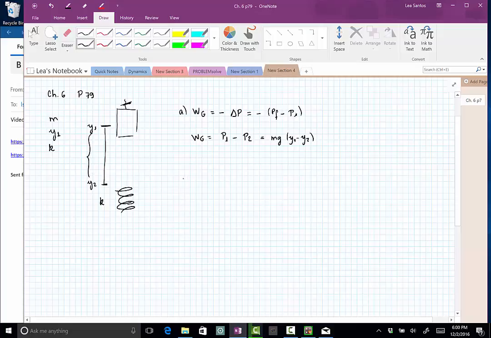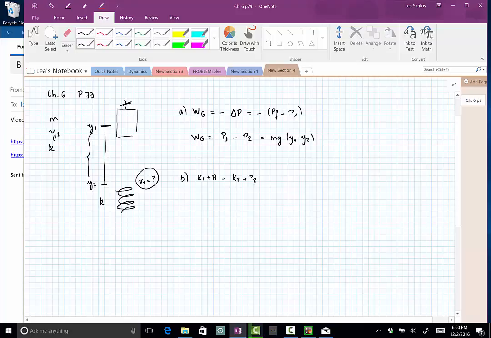Now part B. Part B asks the speed of the elevator just before striking the spring. So we want to know what this V2 here is. I'm going to use conservation of mechanical energy to solve this problem. So K1 plus P1 equals K2 plus P2.